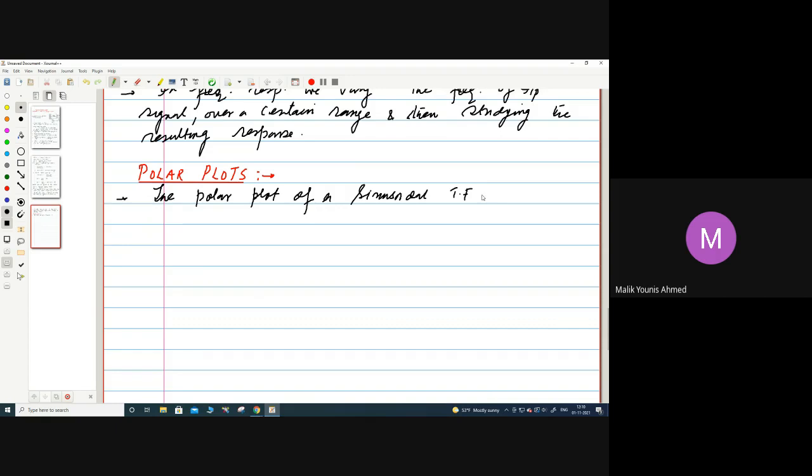What is that? G of s is the normal s domain. Now we equate s equal to j omega, so that becomes the sinusoidal transfer function.